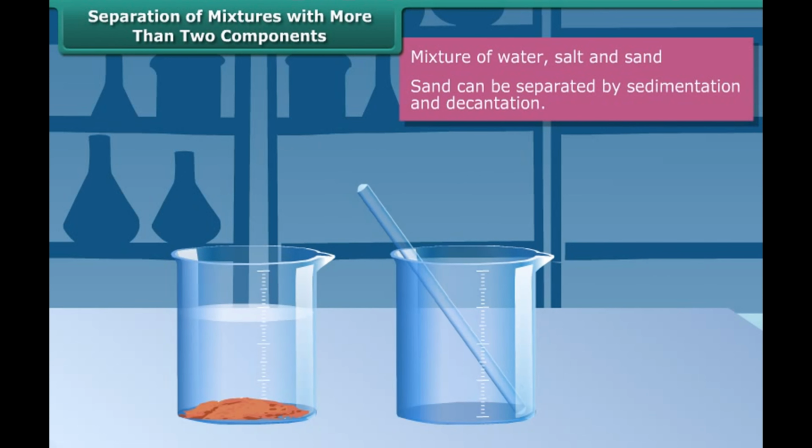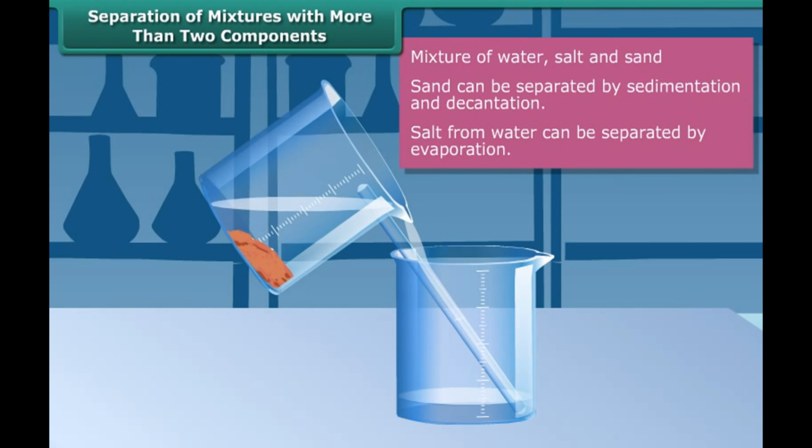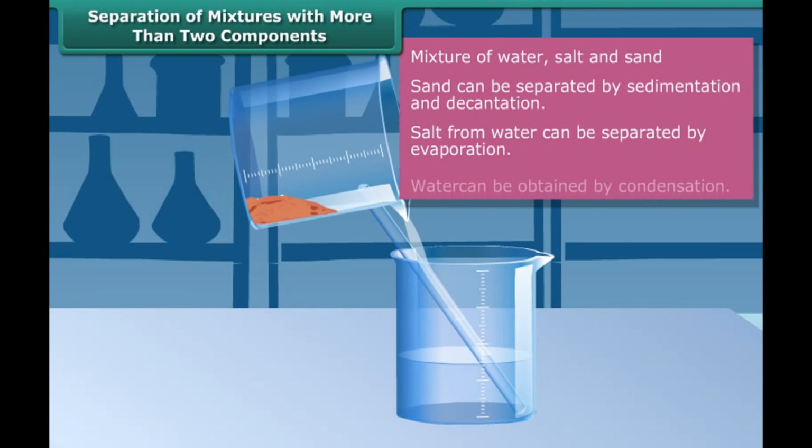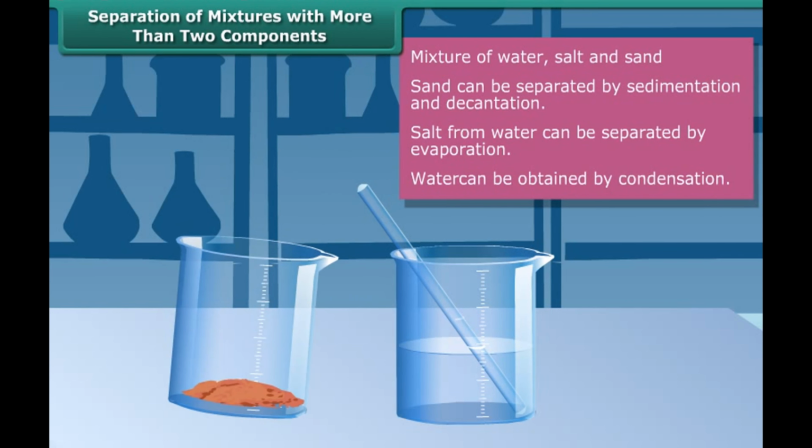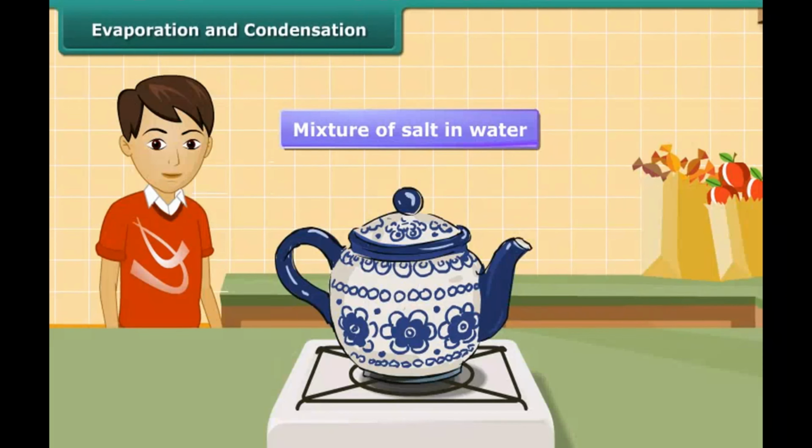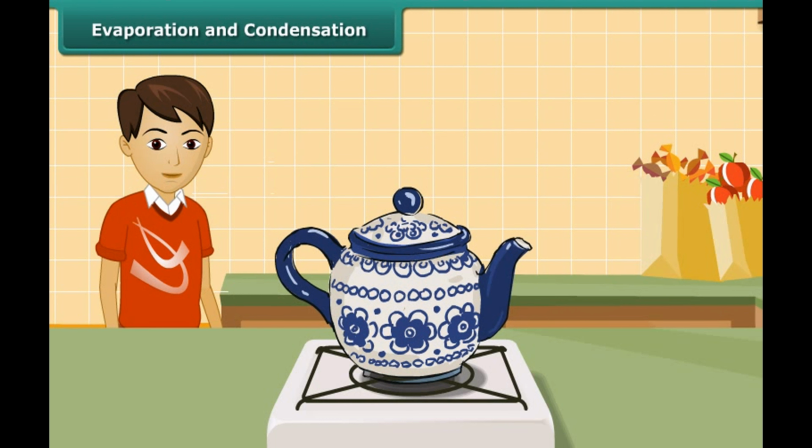Now, salt, being soluble, is completely dissolved in water. This is done through evaporation and condensation. Let us look at what we mean by these two terms. When we have a mixture of salt in water to separate, we take the solution in a kettle and cover it with a lid.